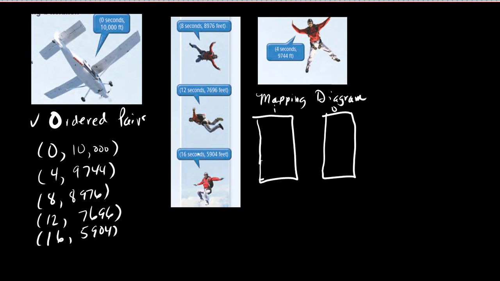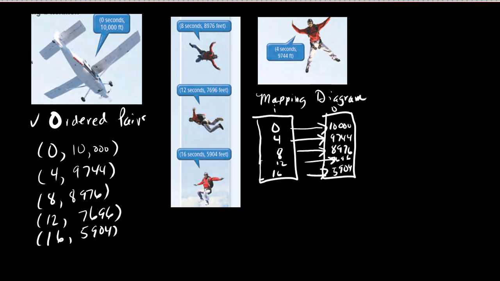So input, output, 0, 10,000, and I got an arrow going to it. 4 and 9,744, right? 8 and 8,976. Then I've got 12 and 7,696. Finally, I've got 16 at 5,904. None of those repeated, so I have each individual one with its own arrow.